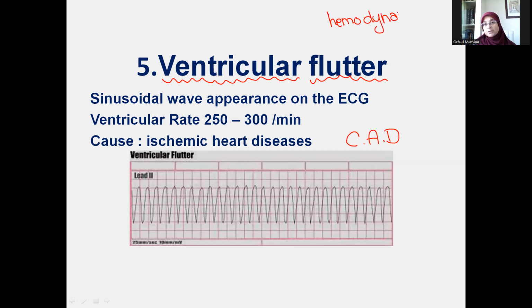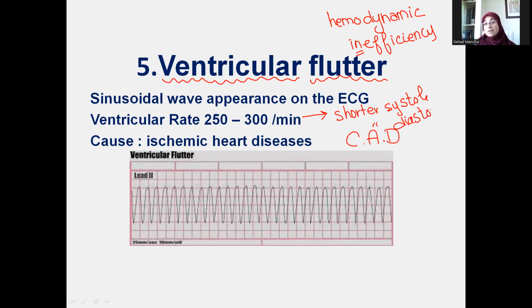Hemodynamic inefficiency means that, since the ventricles are beating very rapidly, then we have a rapid ventricular rate. Then we will have a shorter systole, as we said before, and a shorter diastole.